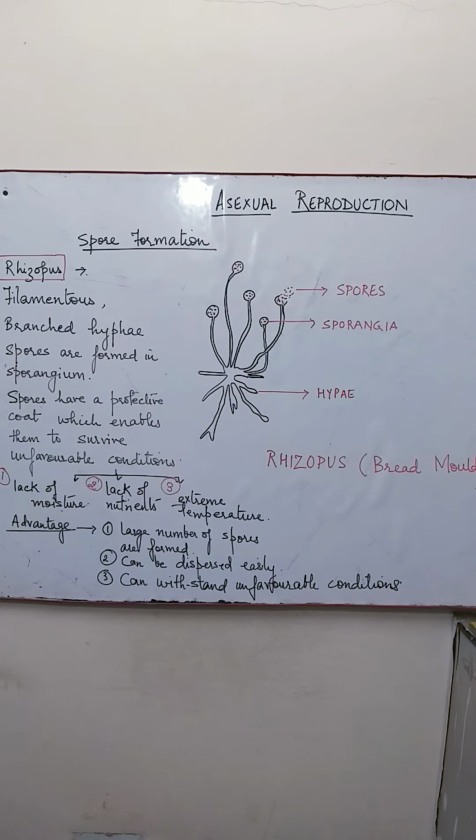Now what can be the possible advantage of this method, that is, spore formation? First and foremost, the most important advantage is that a large number of spores are formed within one sporangium. So the chances of survival are multifold. That means a lot of individuals are produced by the formation of the spores.